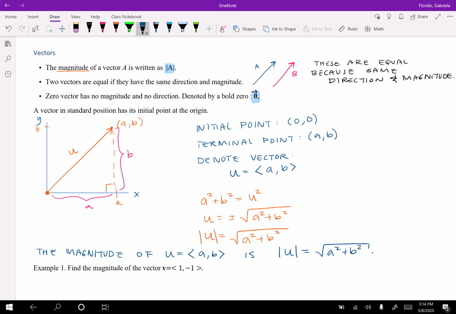So again, the magnitude of vector u is this notation, the little u trapped in these little bars, and it is equal to the square root of a squared plus b squared.